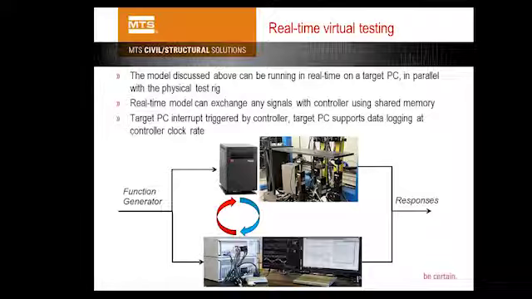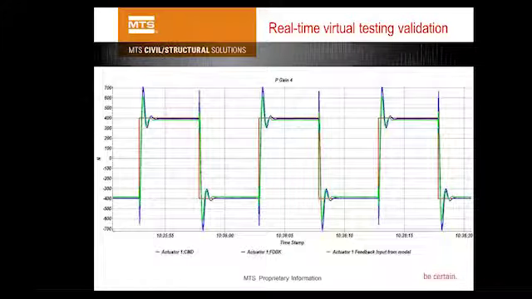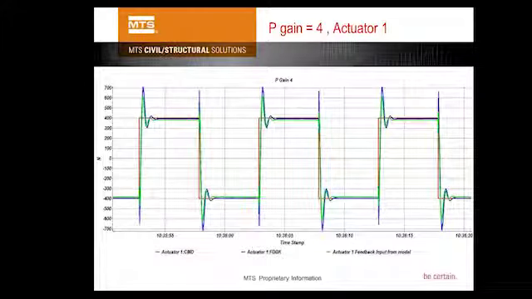We just do a real-time online validation, and that's what shows up on the real-time target machine. Basically, the blue curve and the orange curve, one is from the real test rig, the real feedback measurement, and one is from the model response. You can see they are pretty accurate.